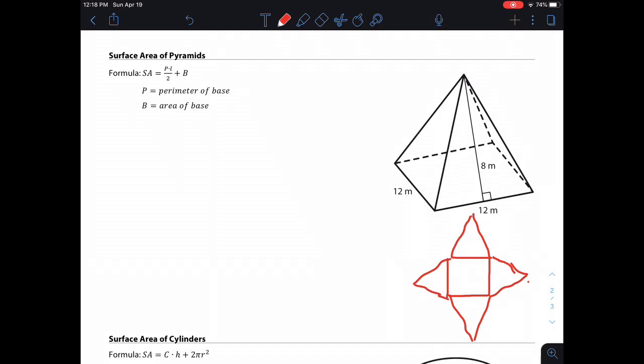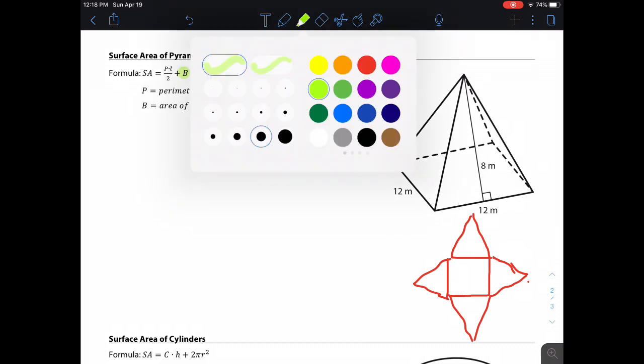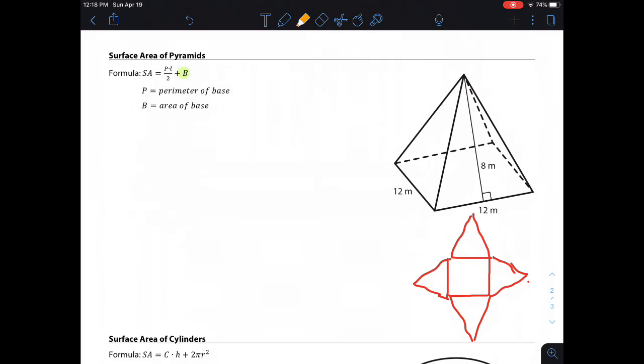Okay, so what we can see here is that if we take this pyramid and we basically take the sides and lay them down flat, we have a square and 4 triangles that we need to find the area of. And if we look over at the formula, it's kind of cool because B represents the square. It's the area of the base. And let's do another fun color here, orange. This P times L divided by 2 represents the area of the 4 triangles.